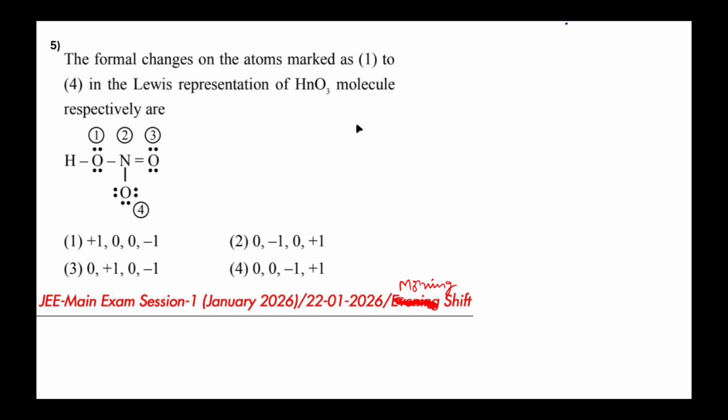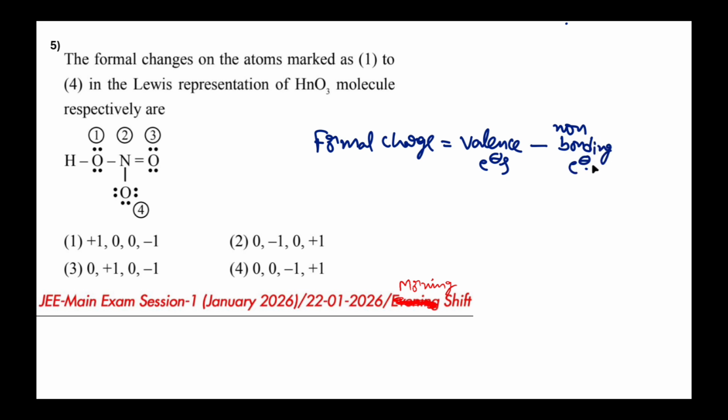The formal charge formula is: valence electrons minus non-bonding electrons minus 1/2 times bonding electrons.